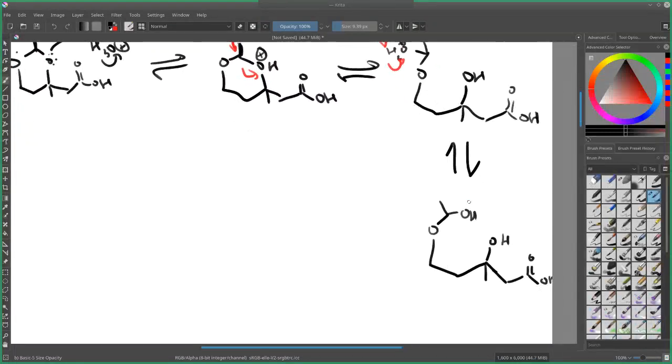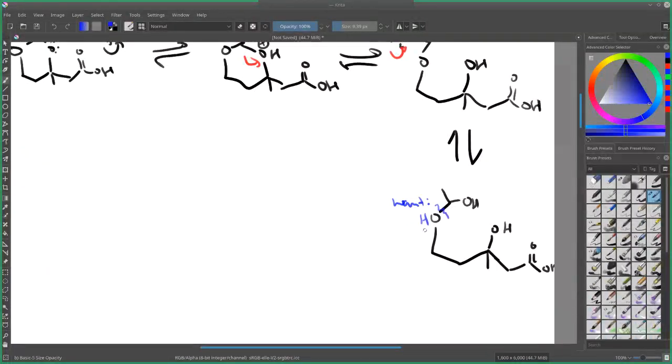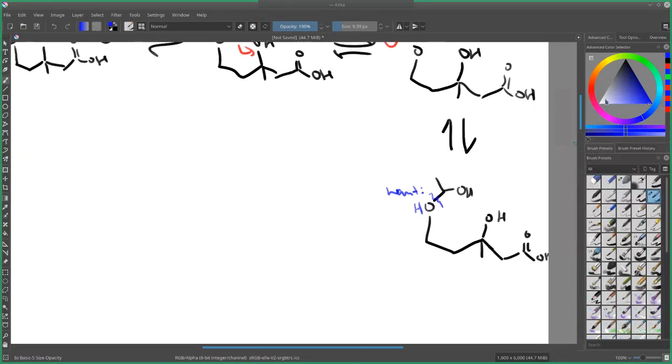So we're over here, and now we want to turn, maybe I'll use a different color. So we want that H to be there and to remove that. Okay, so that's what we want.